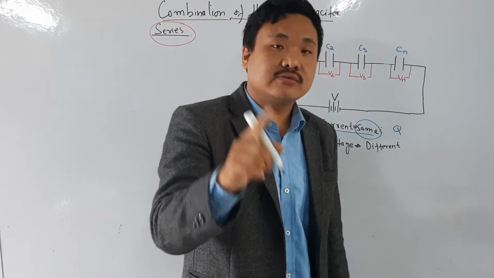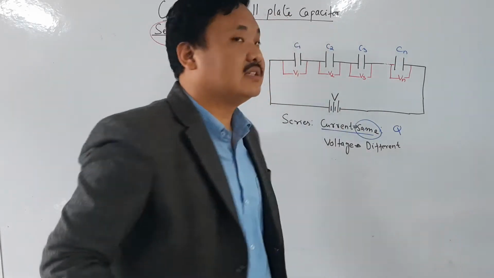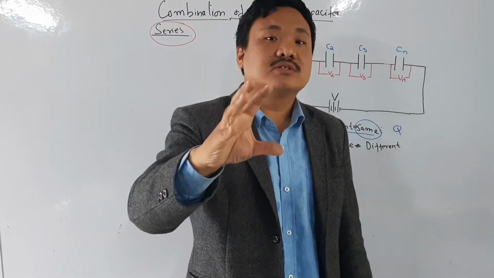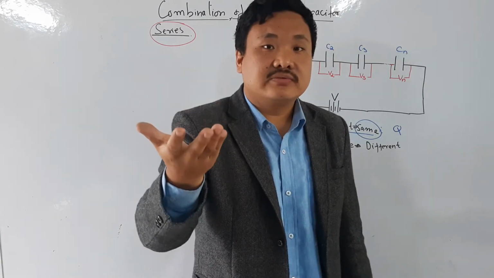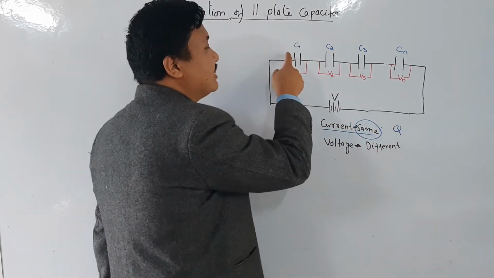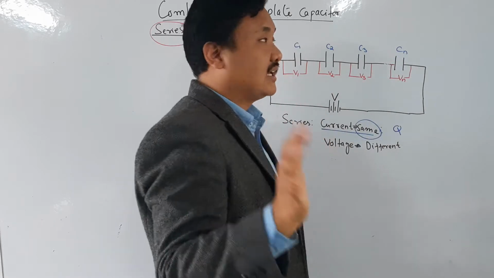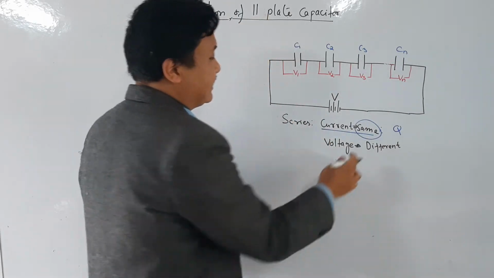Whenever you combine capacitors in series, the current is the same. The current is because of the flow of charge. Therefore the charge flowing here, here, and here is the same because the current is the same.